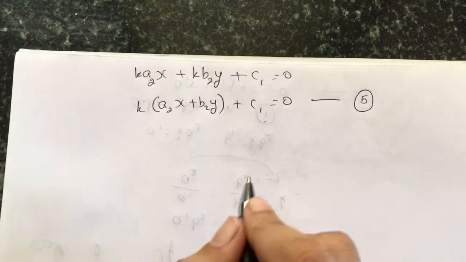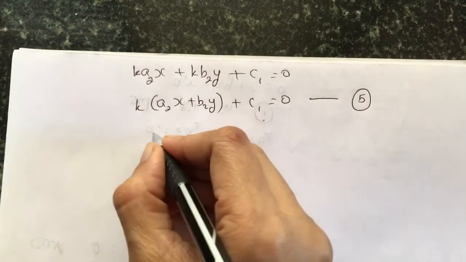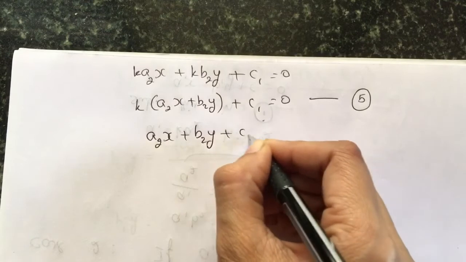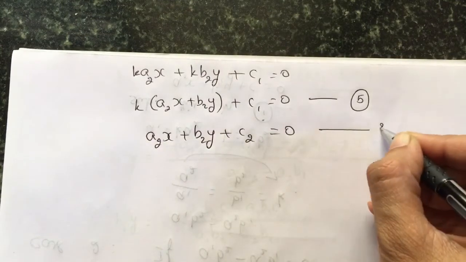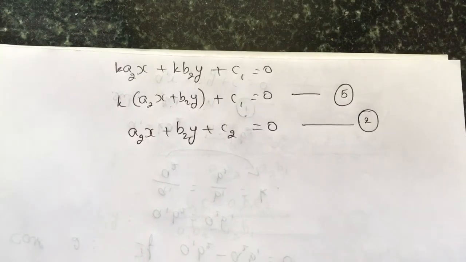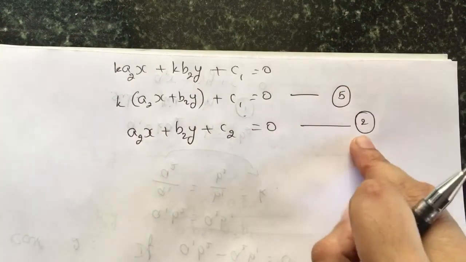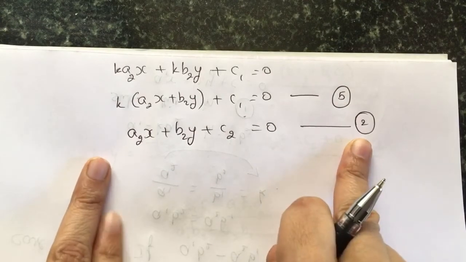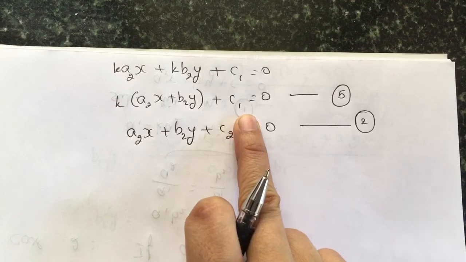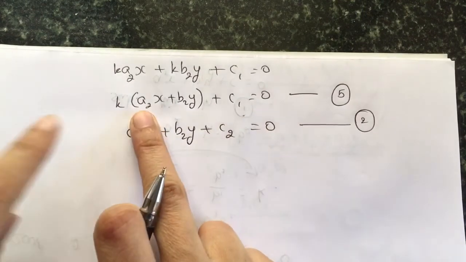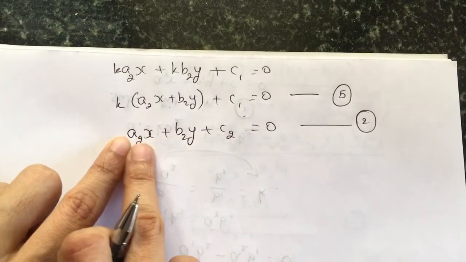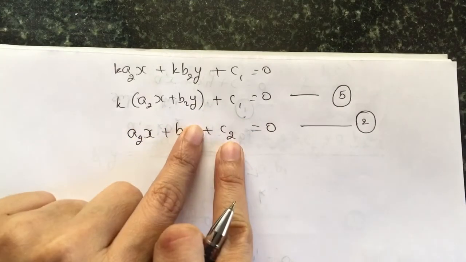I hope you remember the second equation we had. It was A2x plus B2y plus C2 equal to 0. This was our second equation, right? Now from these two equations, 2 and 5, what can you make out? C1 equal to K C2. If you want, you just replace this: A2x plus B2y is nothing but minus C2.